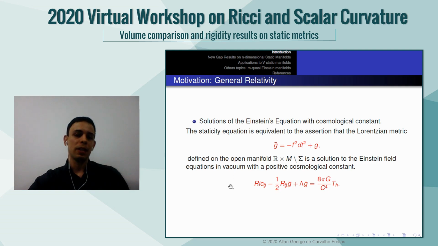That is this equation here. And in the vacuum, the momentum tensor vanishes, so the right side of this equation vanishes. So it's equivalent in this case to find a static potential and solve the Einstein equation in the vacuum.